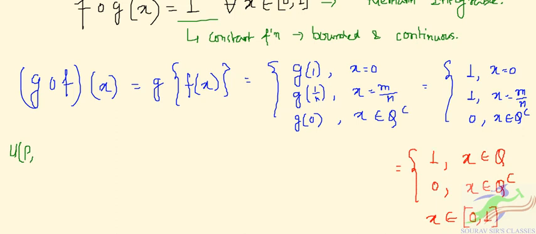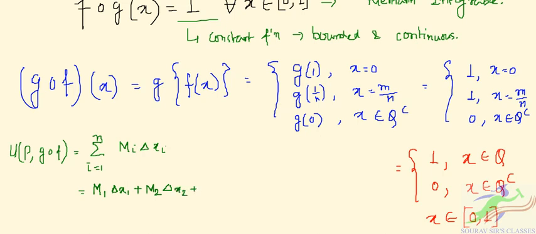So now let's check with U(P, g∘f), the upper sum. It is the summation of i from 1 to n of Mi Δxi. We can write it in this manner: M1 Δx1 plus M2 Δx2, up to Mn Δxn.